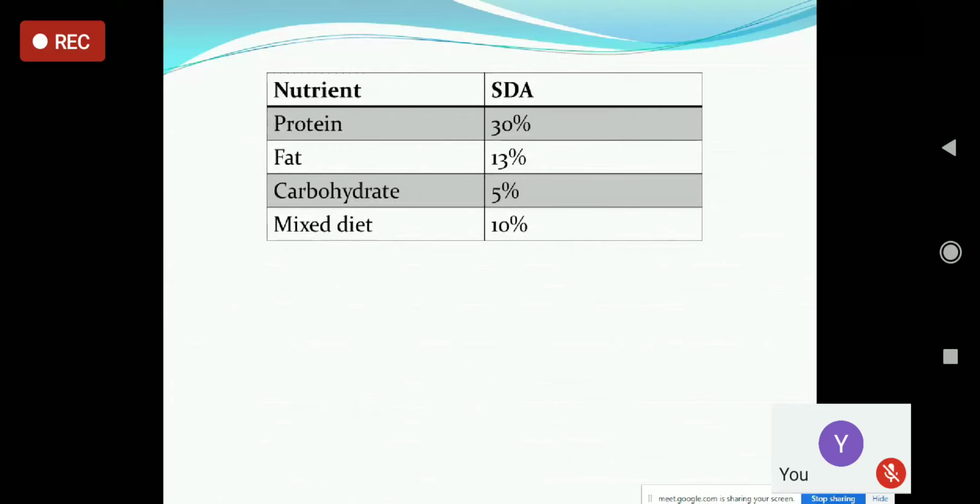So let's take the example of fat. If you consume an amount of fat that gives you 100 kilocalorie of energy, 13% of that 100 kilocalorie is used up in the process of digestion and absorption. Only about 87 kilocalorie of the consumed food would be available for the body either to utilize or store.